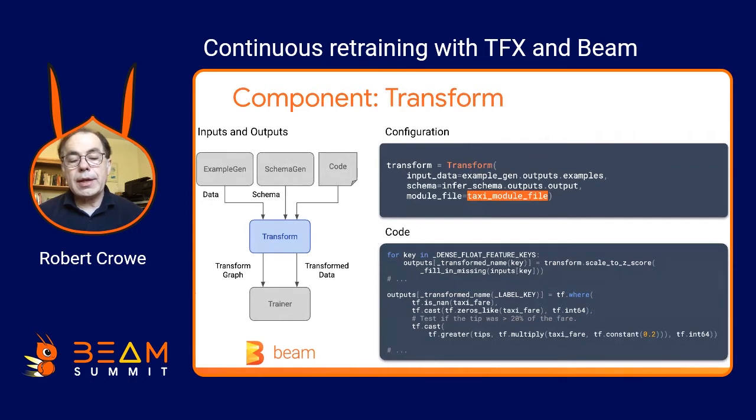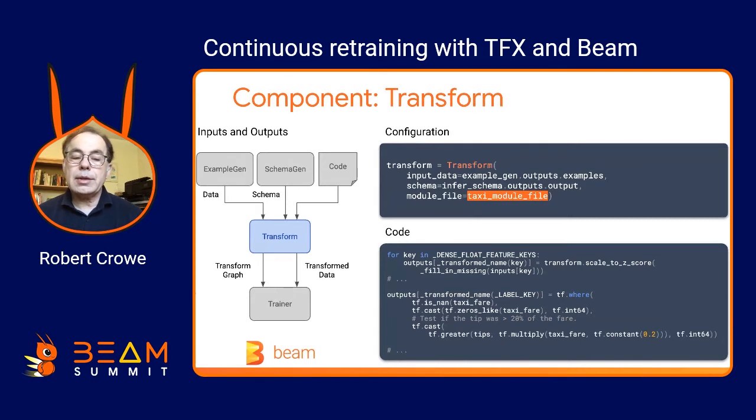Moving farther down the pipeline, we have Transform. Transform is all about feature engineering. It's where you're going to do the transformations on your data to really try to do two things. You're trying to improve the predictive content in your data, and you're trying to make it as efficient as possible to process, especially for inference.